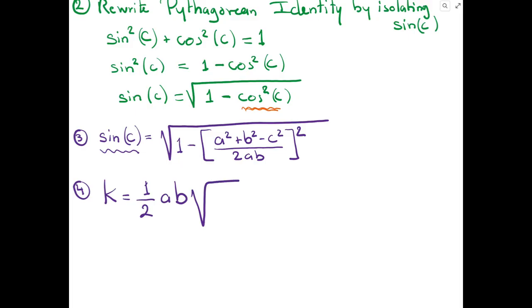So times the square root of 1 minus, and let's simplify something already. I'm going to square that denominator, not the numerator. The numerator I'm going to leave because it's quite ugly. a squared plus b squared minus c squared, squared, over 4a squared b squared. Okay.